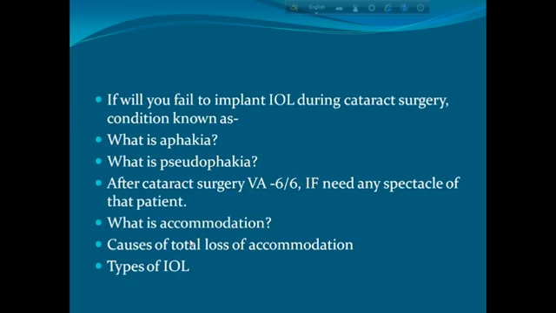Why is near vision difficult? Because accommodation is disturbed. So for near vision, we give the patient a spectacle of about plus 2.5 or plus 3 diopter. So if the examiner asks, before cataract surgery hand movement, after surgery 6 by 6, does the patient need a spectacle, answer: sir, a spectacle is needed for near vision, plus 3 or plus 2.5 diopter.